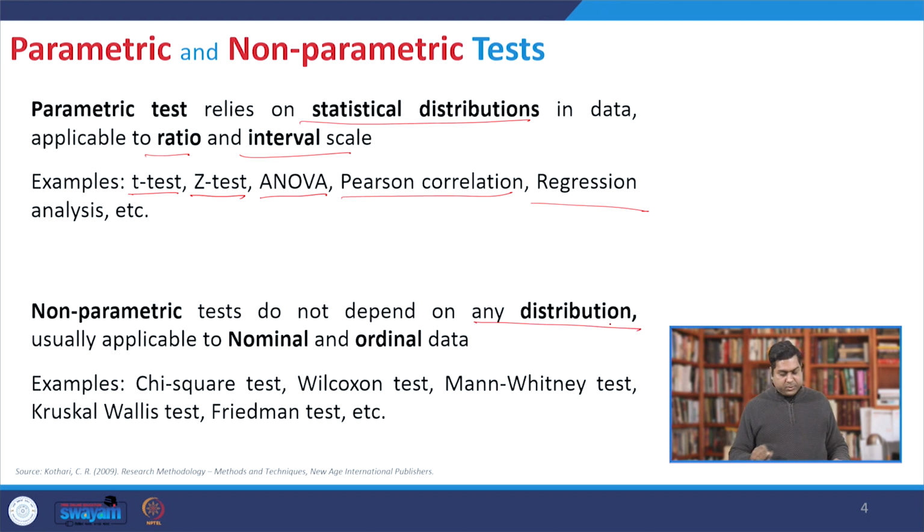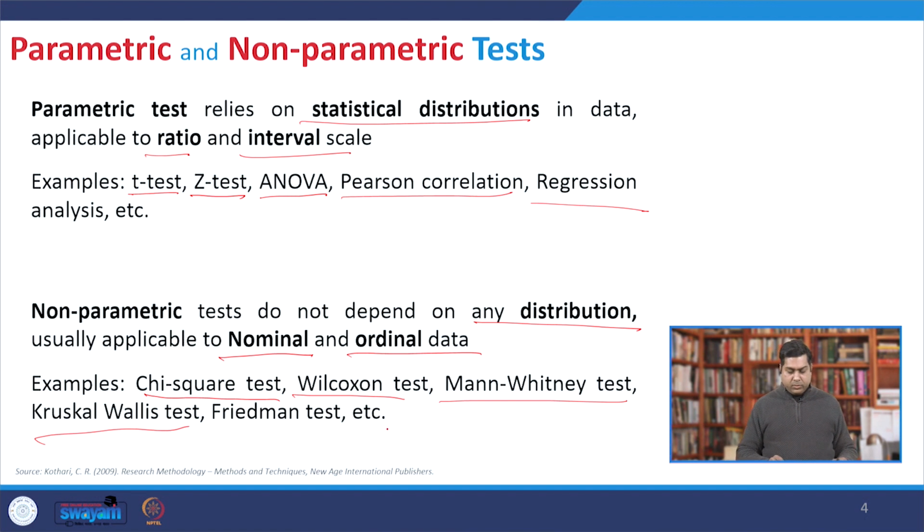Non-parametric tests do not depend on any distribution and are usually applicable for nominal or ordinal data. Examples where you can go for chi-square test, Wilcoxon test, Mann-Whitney U test, Kruskal-Wallis test, Friedman test. There are other options as well.